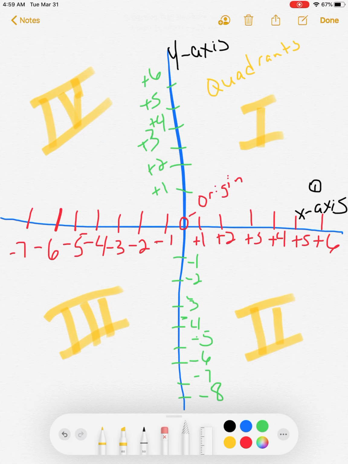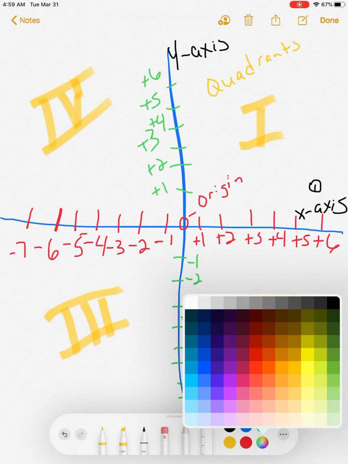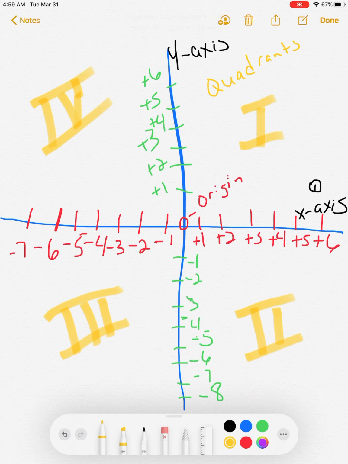Okay, so I'm going to grab a purple. Now, in quadrant 1, all of the coordinates that can be plotted here will have a positive coordinate plotting, not grid. Oh, I had a brain fart for a minute, you all.